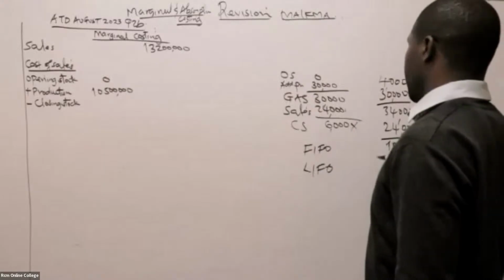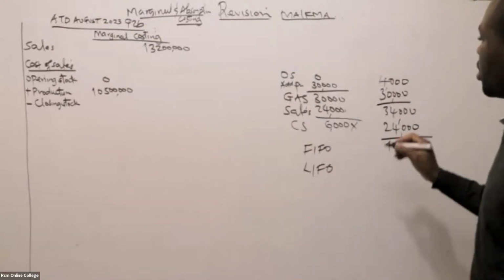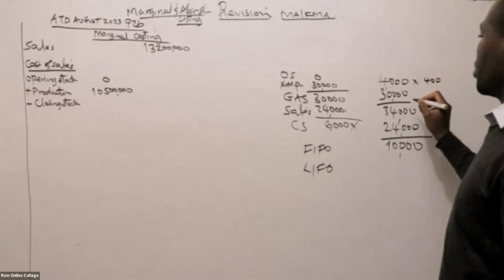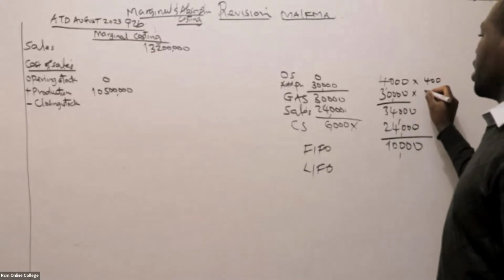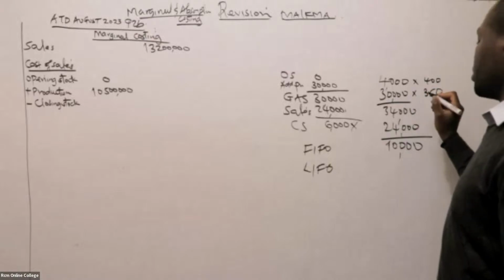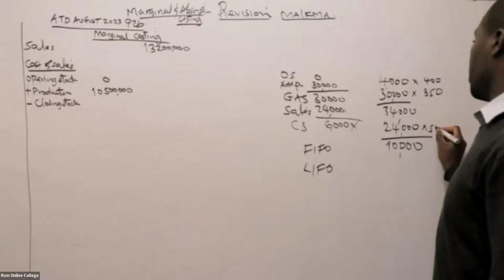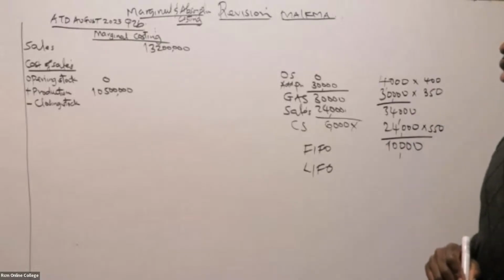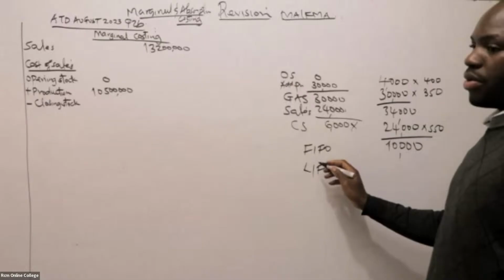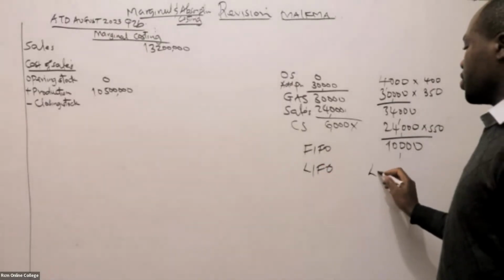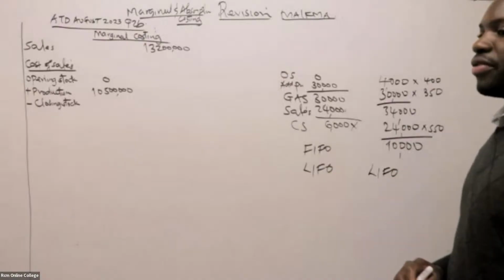Then we come and complicate things and tell you, you know what? This opening stock was brought in at 400. Then we tell you what was produced during the year was produced at 350. Then the sales, of course, at 550. Now we complicate these things by giving one additional piece of information. We tell you the company is using what we call LIFO, last in, first out.